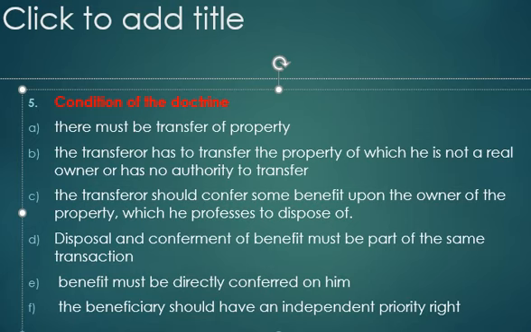Third, the transferor should confer some benefit upon the owner of the property which he professes to dispose of. Fourth, disposal and conferment of the benefit must be part of the same transaction. Fifth, the benefit must be directly conferred on him. Sixth, the beneficiary should have an independent priority right.